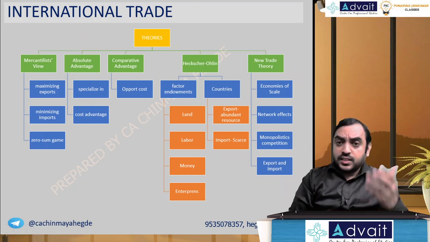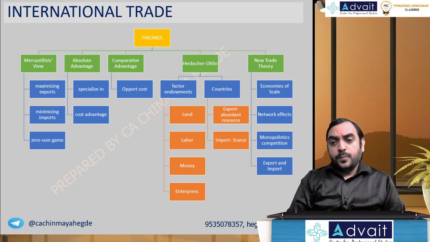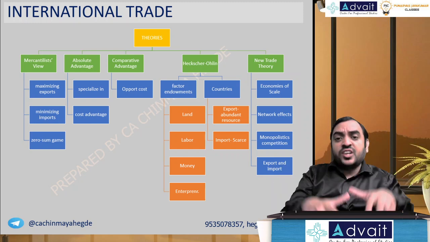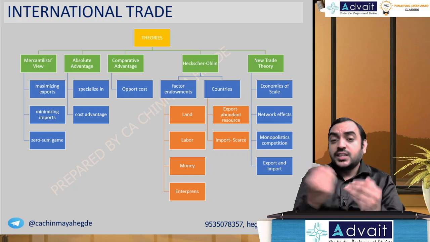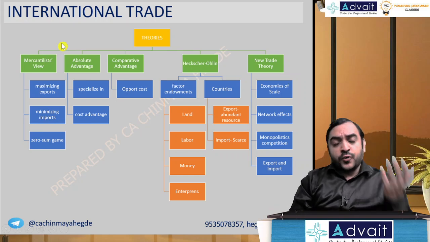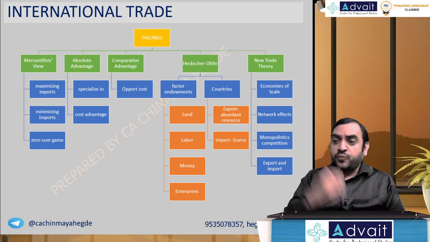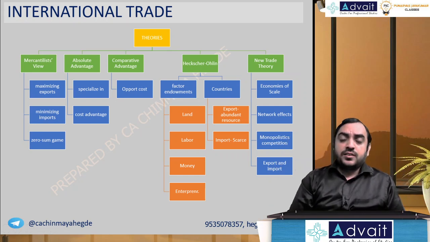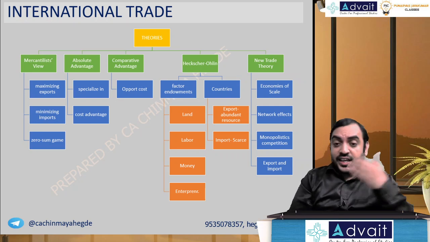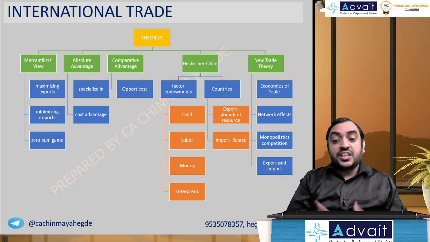We like South Indian food. We like North Indian food. We also like Italian pizza, burger, pasta. We also like continental. Everything can coexist. One need not substitute another. Mobile phone: we can have Indian made mobile phone also. We can have China made mobile phone also. We can have US iPhone also. So everything can coexist. Network effects, economies of scale, monopolistic competition.